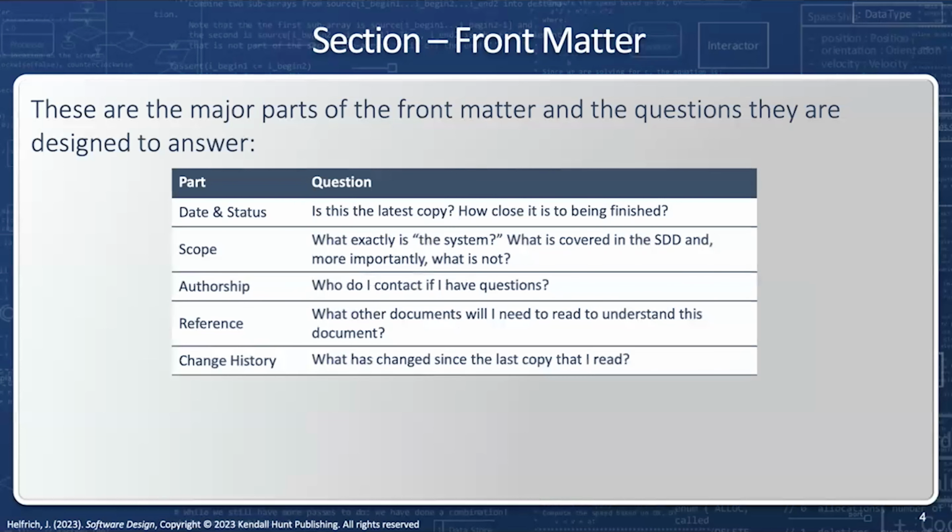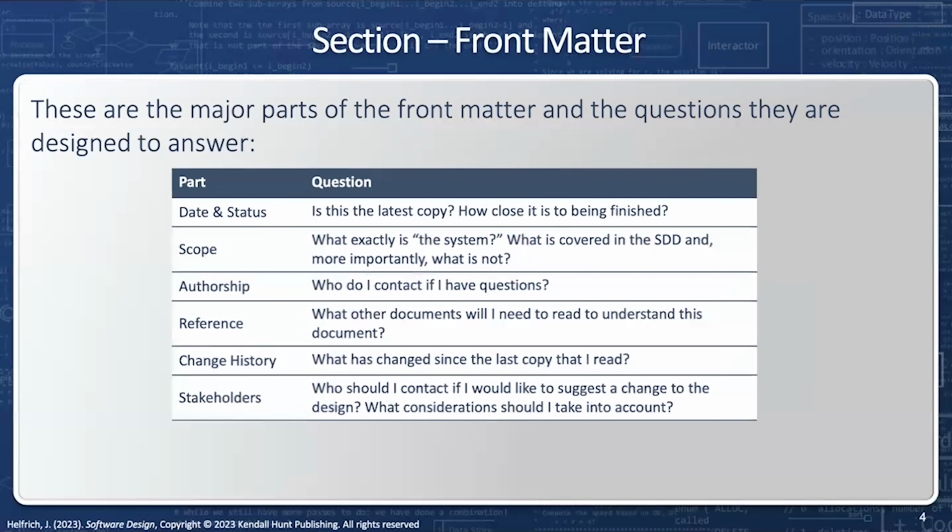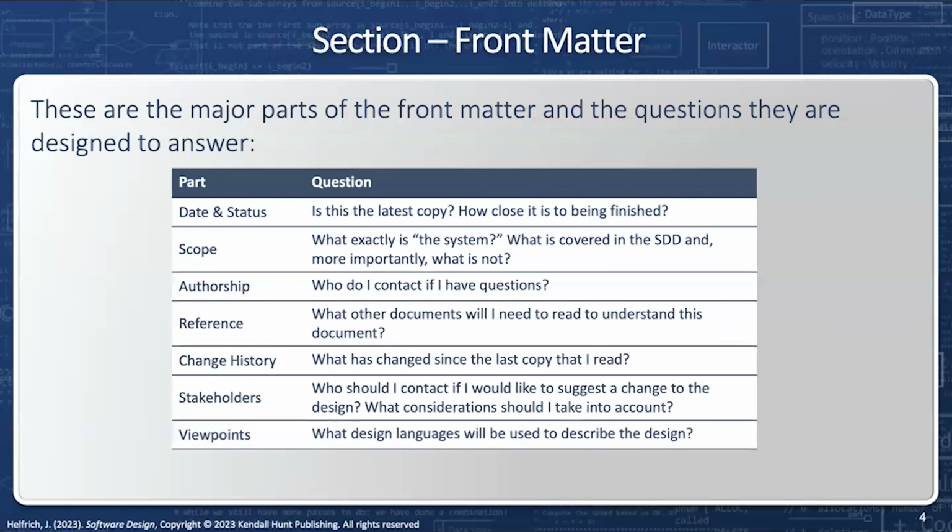That's the references. What has changed since the last copy I read? And that's the change history. Who should I contact if I'd like to suggest a change to the design? What considerations should I take into account? And that's the stakeholders. And what design language will be used to describe the design? This is the viewpoints. These are all part of the front matter.